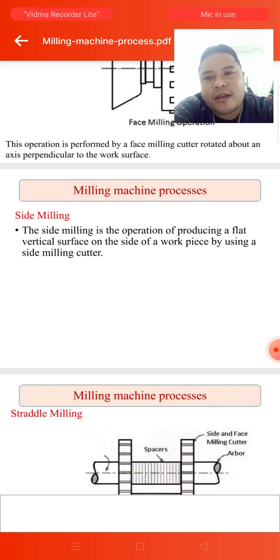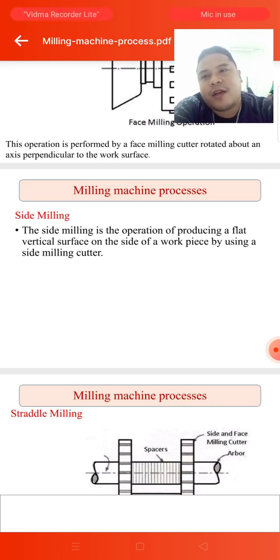So side milling, if you want to remove or cut the side of your workpiece, either on the right side or left side, you can use the side milling cutters. And if you want to make a slot or grooves on your workpiece, you can use side milling cutters.